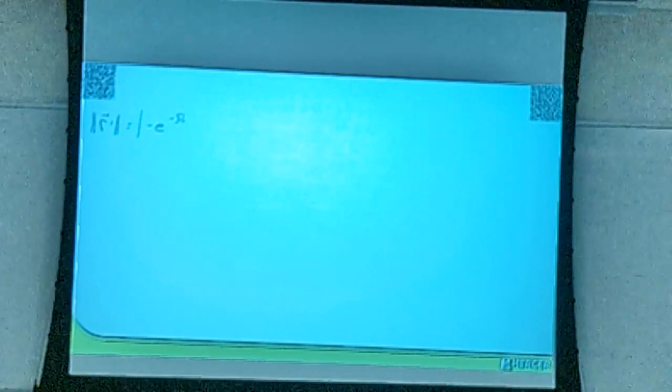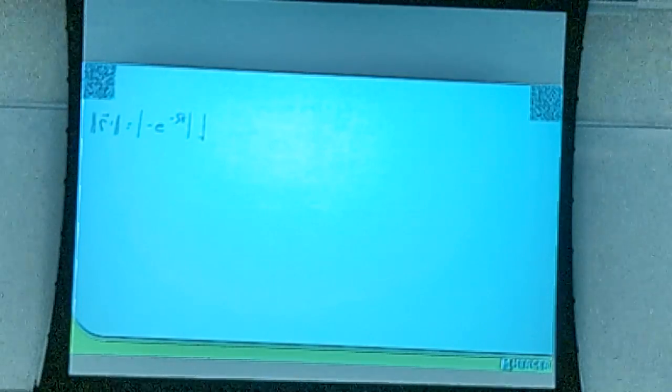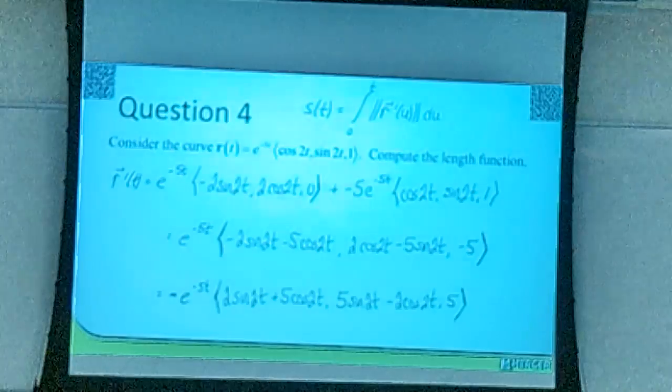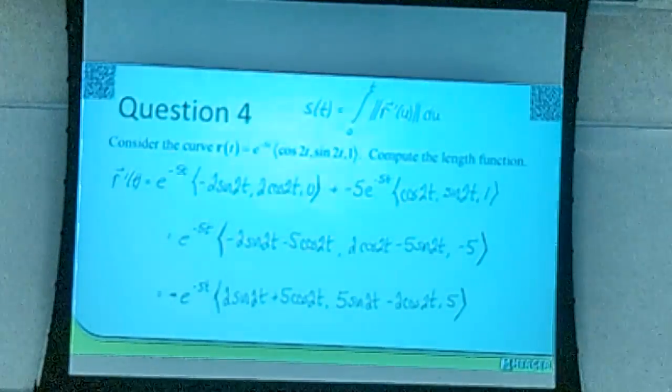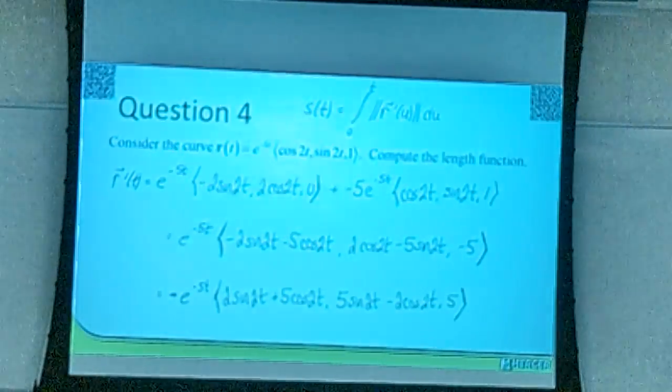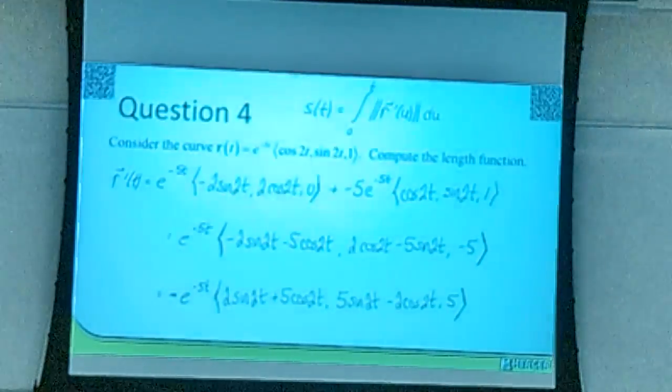Oh, absolute value of negative e to the negative 5t times the square root of the square of the first component plus the square of the second plus the square of the third. Well, at least that third component's going to be nice.